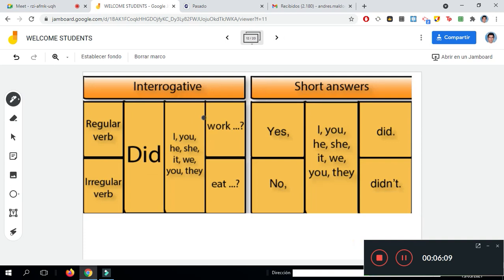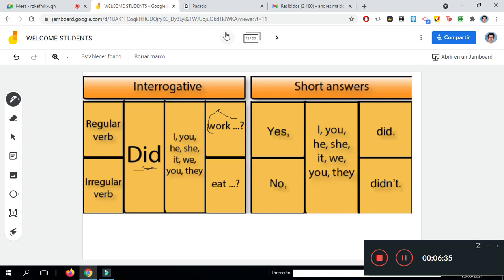Also, these are the interrogative questions. In the past simple tense, the questions start with the auxiliary verb did at the beginning, then the subject and the verb. In a question with did, the verb stays in present, okay? I don't conjugate the verbs, no los conjugo. Did you work? Did you eat?